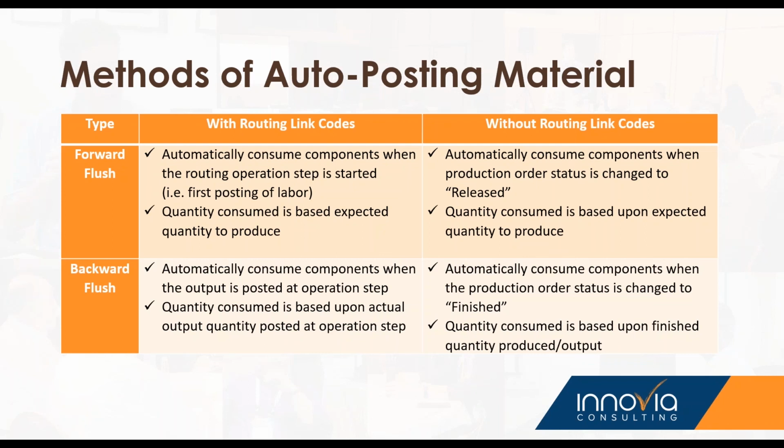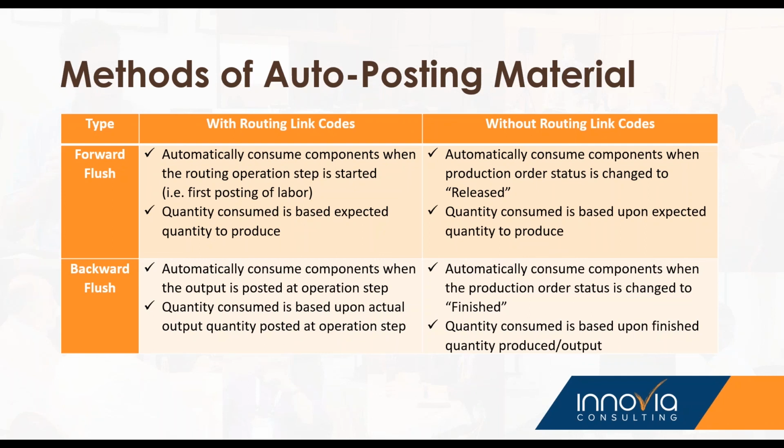Yeah, we'll try and relate this to what we've seen customers use. The routing link code, if you're not familiar with that term, it's an interesting term. I've seen it called count point in other software, but routing link code is the definition in BC. And all that simply does is allows you to take your bill of material and set up that these 3 items are needed at this operation, these 2 items are needed at this operation.